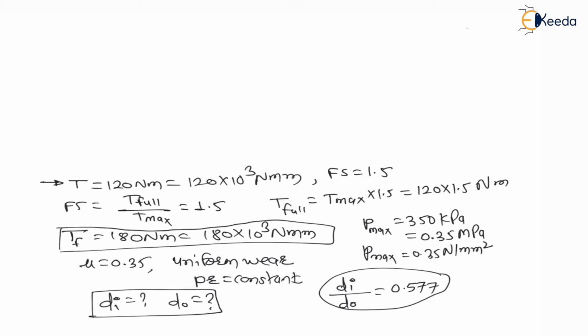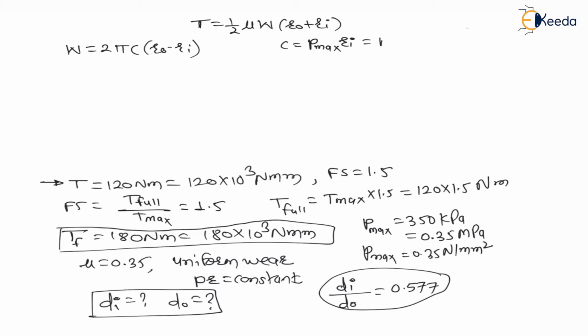Now, as per uniform wear theory, torque is equal to 1 half mu W (Ro plus Ri), and this W is nothing but 2 pi C (Ro minus Ri) as per uniform wear theory, where C is constant. Now, C is a constant. We can take maximum pressure into minimum radius Ri, or minimum pressure into maximum radius Ro.